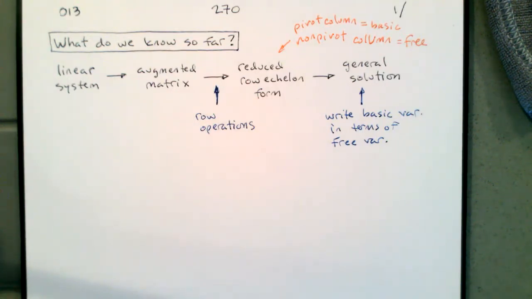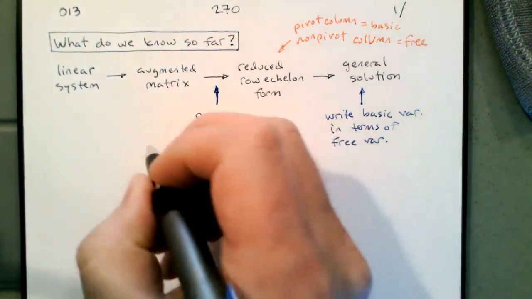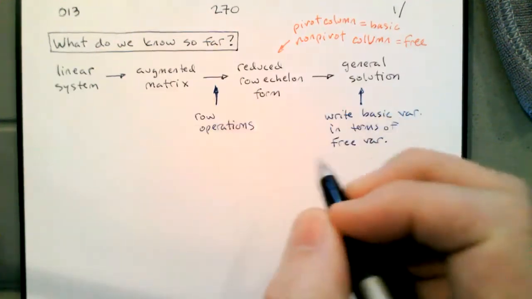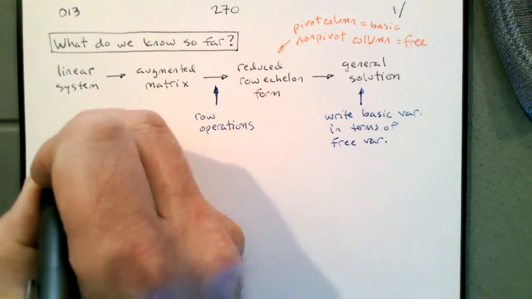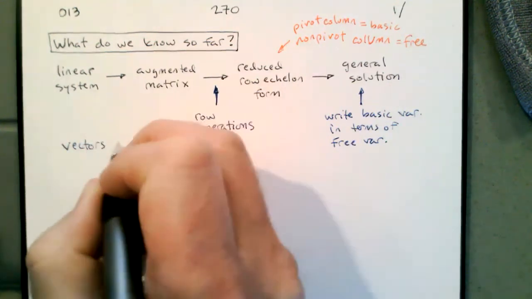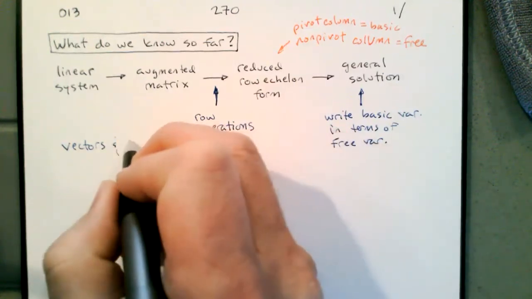Here's what we want to add. We want to start thinking about vectors and linear combinations.